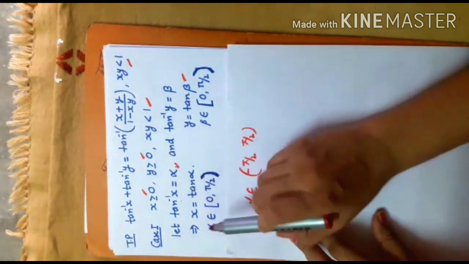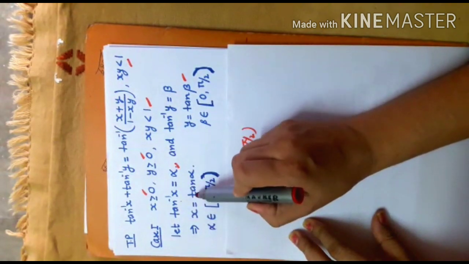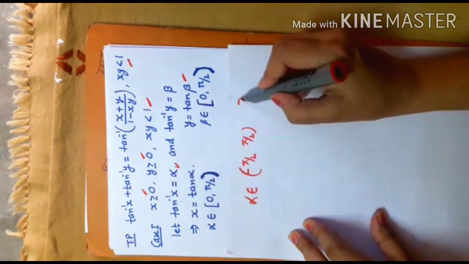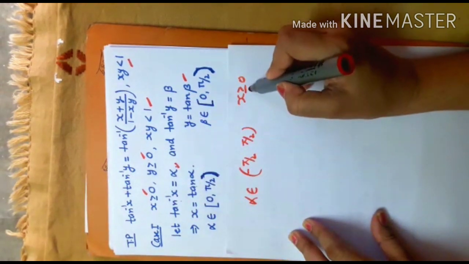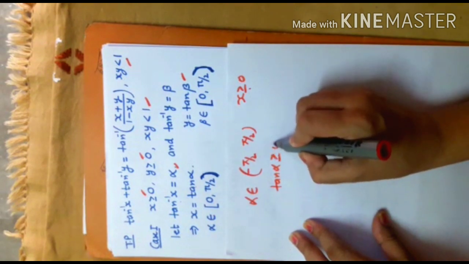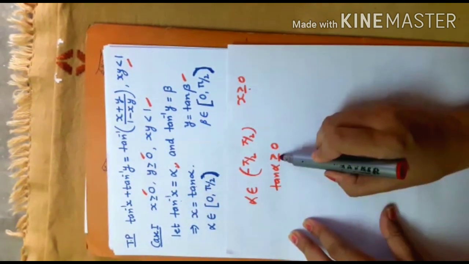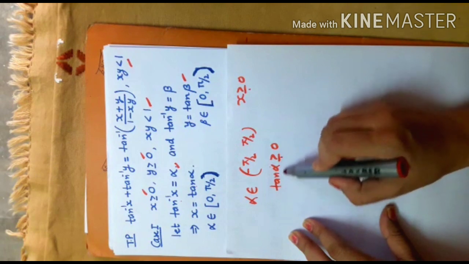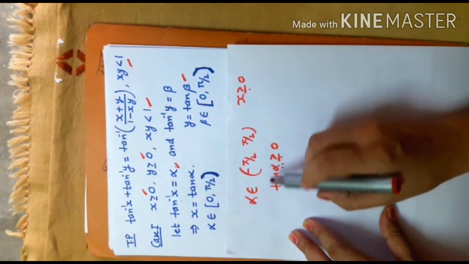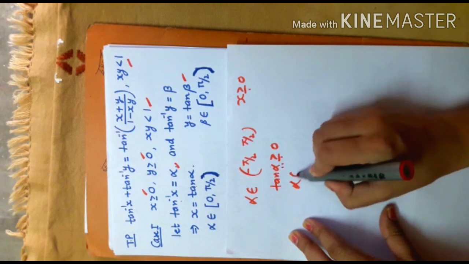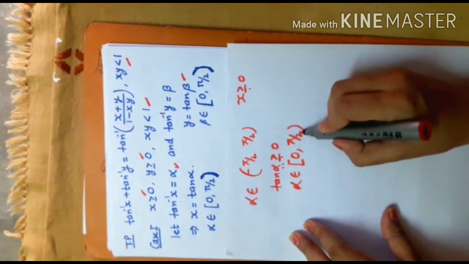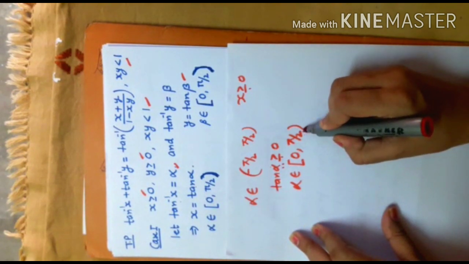But look here. Tan alpha is equal to x and x is greater than or equal to 0. That means tan alpha is greater than or equal to 0. So this will imply that the value of tan alpha is non-negative. So alpha has to lie in the interval 0 to pi by 2, open at pi by 2.